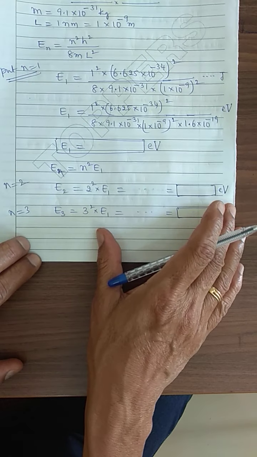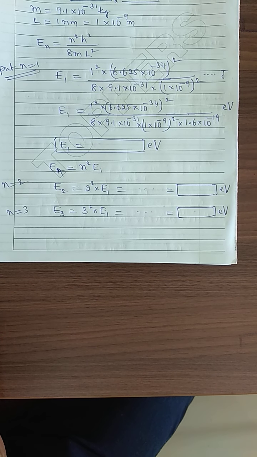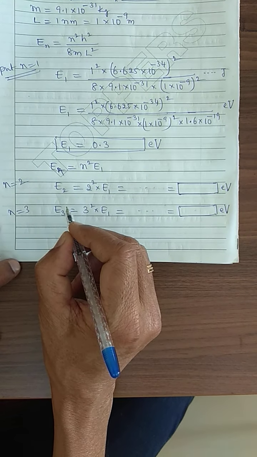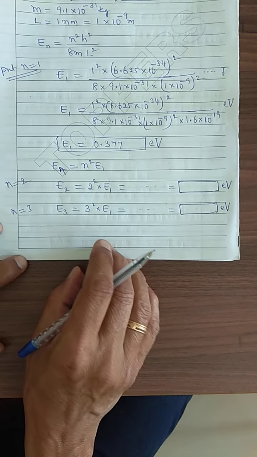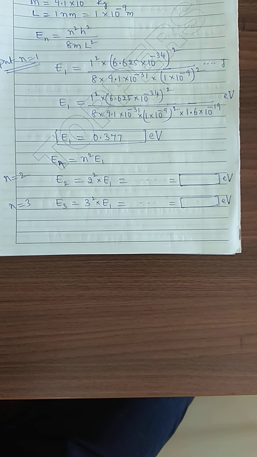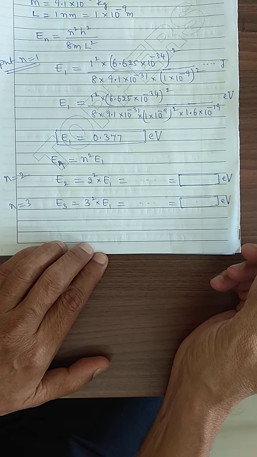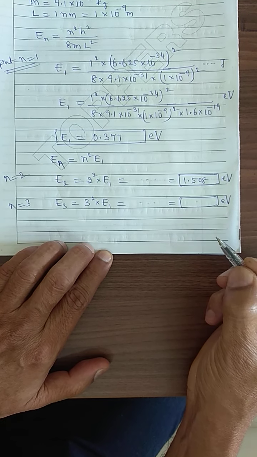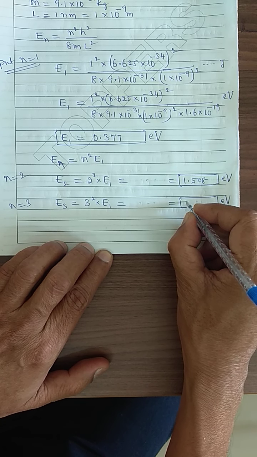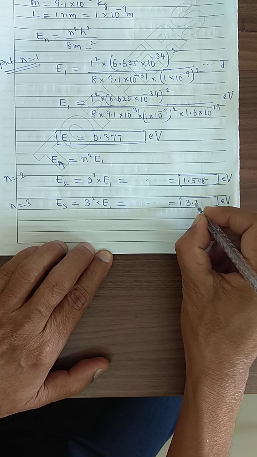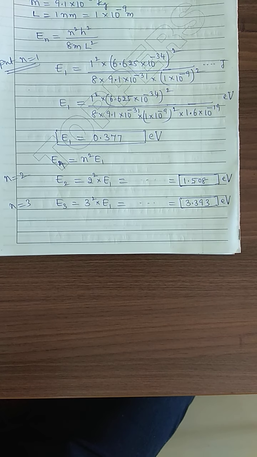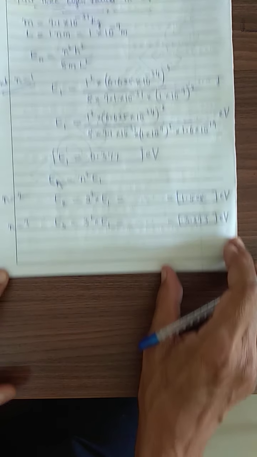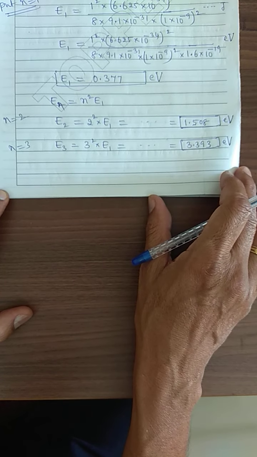E1, how much did you get? 0.377 eV. This is E3. Okay, these are the answers. Check it out.